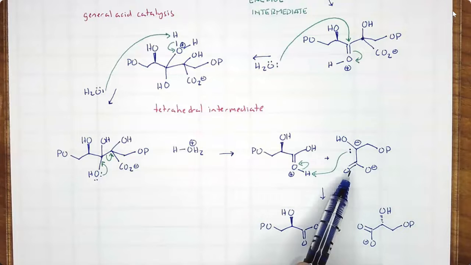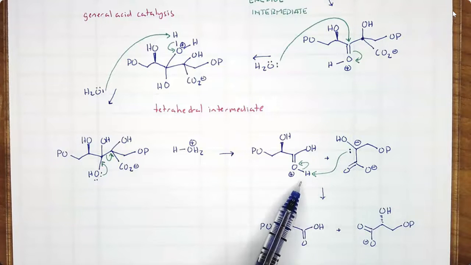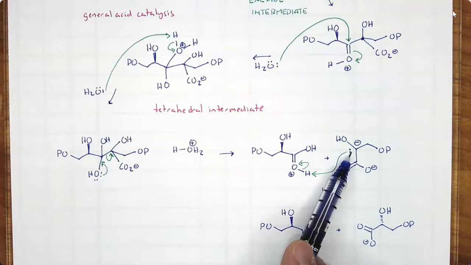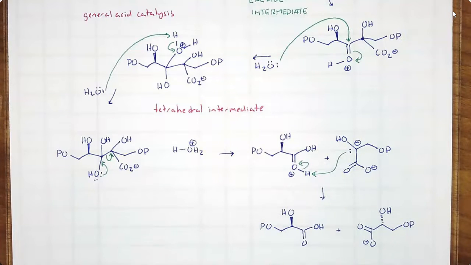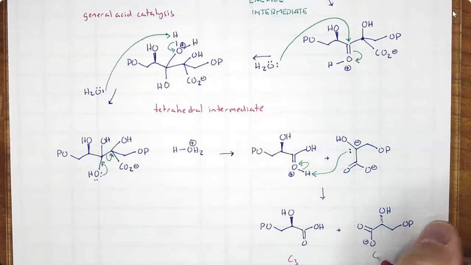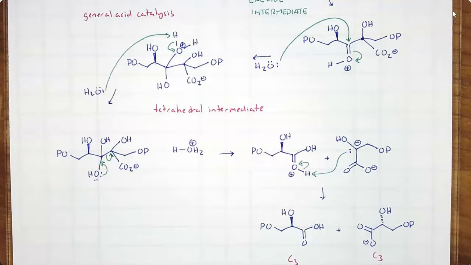Most likely it's going to be here because this one is planar. And then depending on how this hydrogen is grabbed, to push the OH to the back or to the front. That's something that the enzyme can do. We do have our C3 and C3. And let me zoom out and show you the full mechanism.